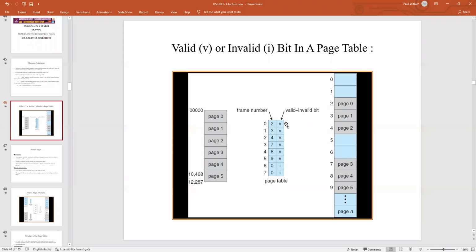V represents the valid bit and I represents the invalid bit. The invalid bit does not take part in the participation, only the valid bit does. Invalid bits will be moved to the PTLR register and stored there.